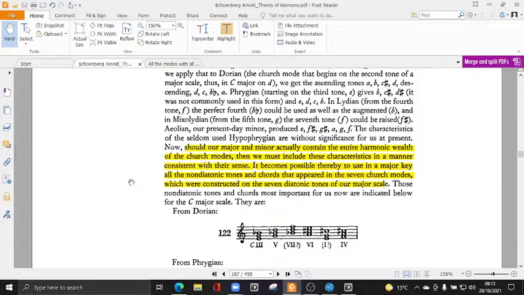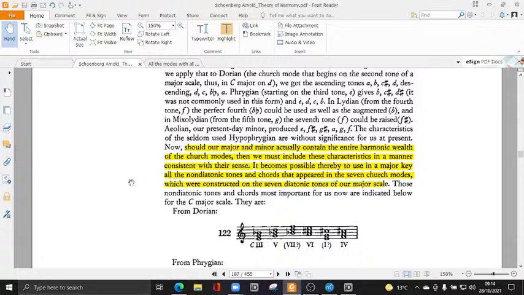Okay, so it says, now our major and minor mode actually contain the entire harmonic wealth of the church modes. So the polarity, major minor, contains all the harmonic wealth of the church modes, then we must include these characteristics in a manner consistent with their sense.